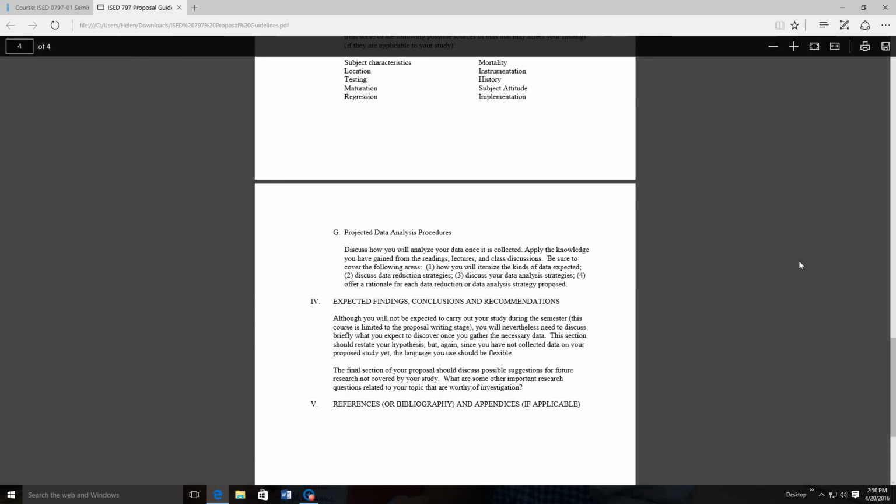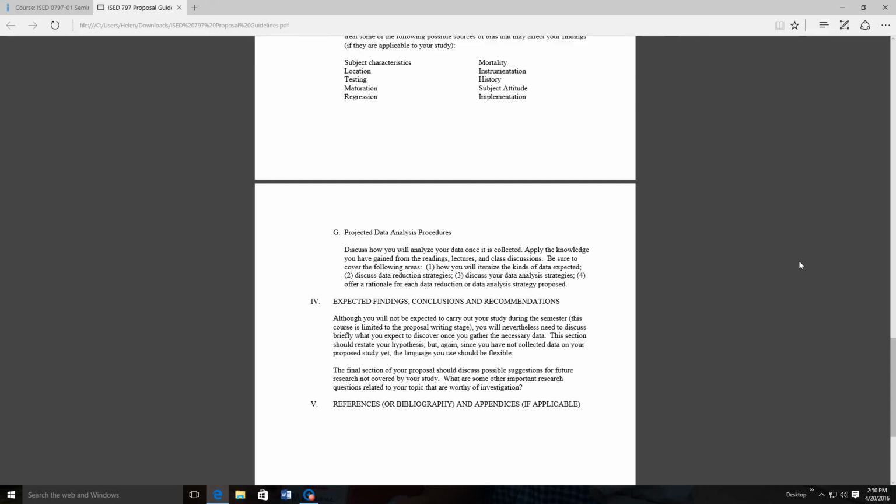And then finally, projected data analysis also is an area that's not actually required, but I would like you to provide some basic information about how you would analyze your data in your proposal. Most of you that are doing qualitative research will talk about coding and then thematic analysis as the way that you would analyze qualitative data.